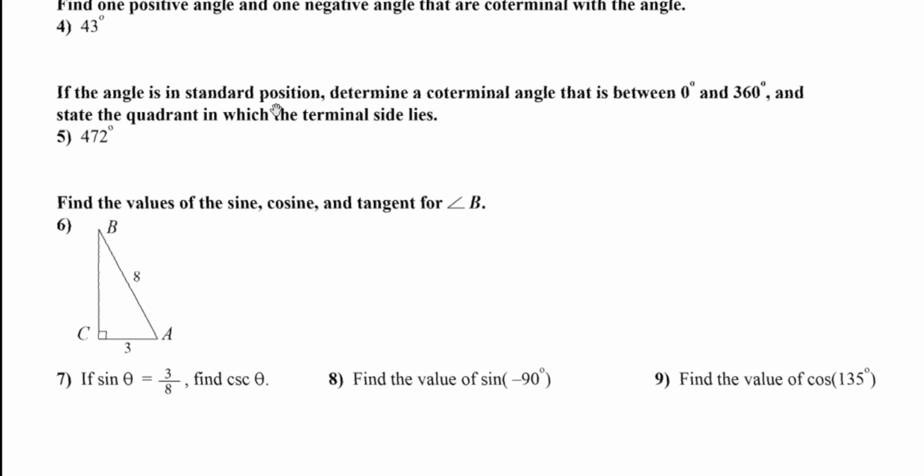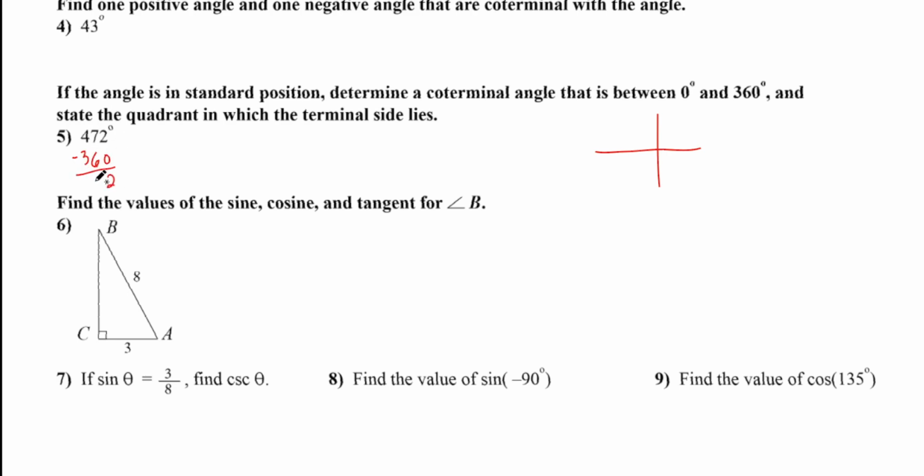All right, state the quadrant. I don't think I put that on there. I'm not 100% sure. I can't remember. But what would you do? First of all, you have to figure out what quadrant it's in. So 472. 472 means it goes around more than once, right? So if I wanted to figure out where it goes around just one time, what would I do? I would subtract 360, right?